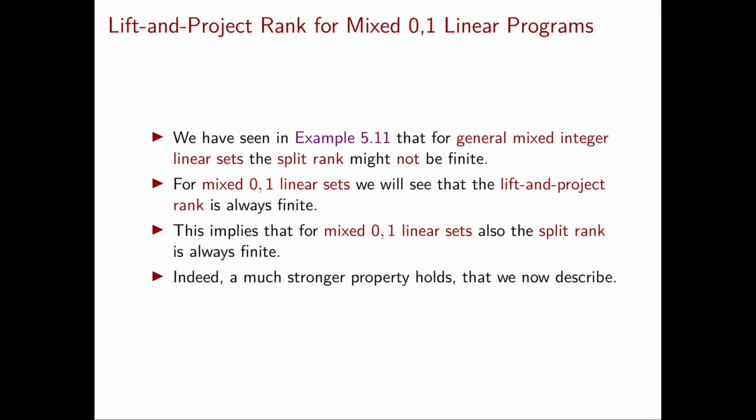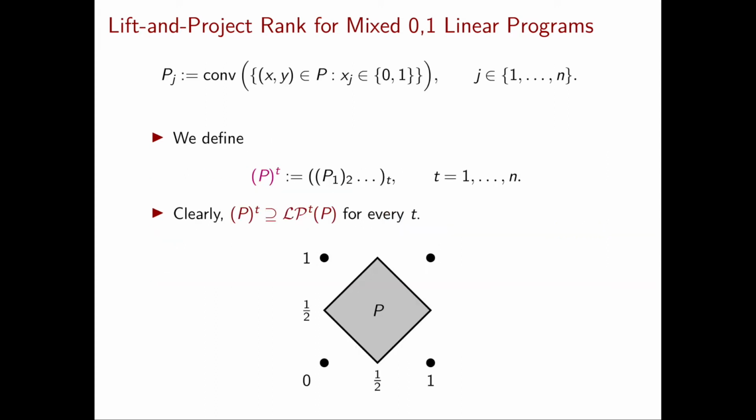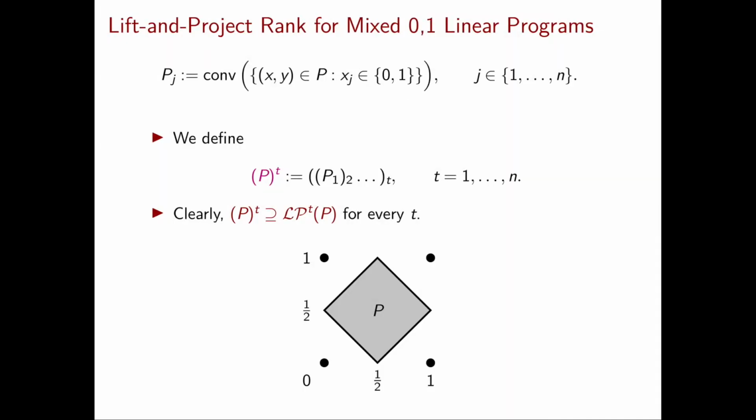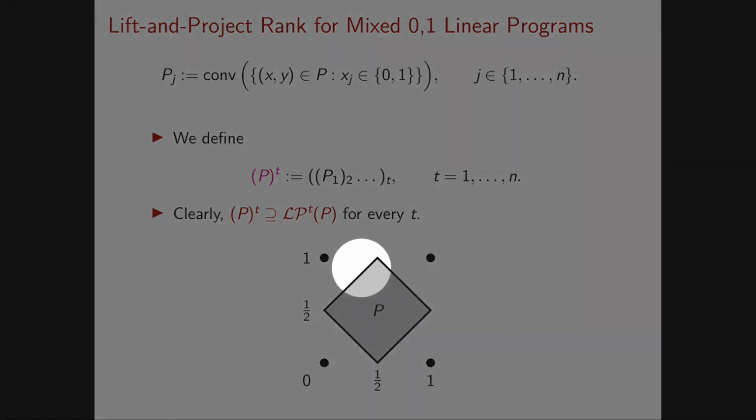All these results will actually follow from a much stronger result that we now show. In order to state it, we need to define one more polyhedron. So recall the definition of Pj, we've already seen it before. This is the convex hull of the points in P with xj either 0 or 1. Next, we define our new object P superscript t. This set is obtained from P as follows.